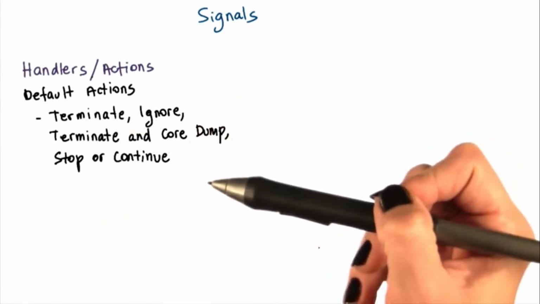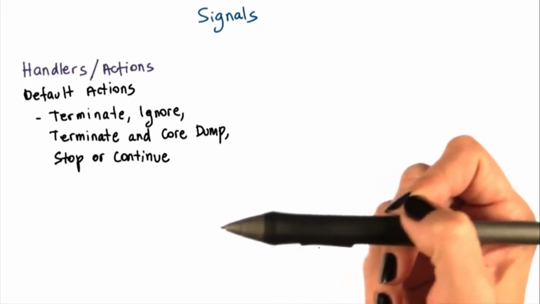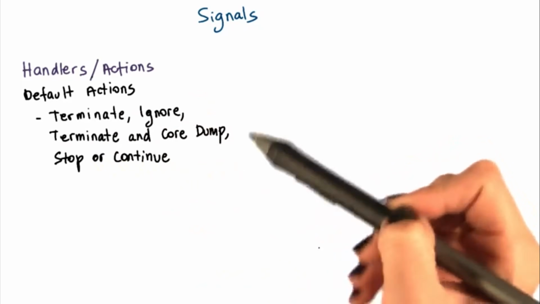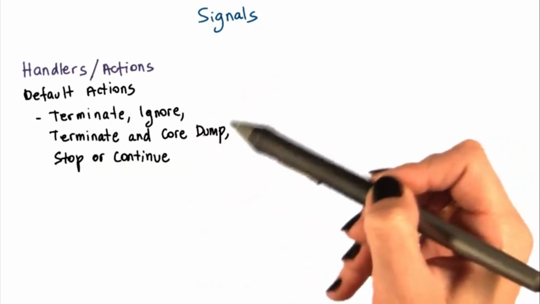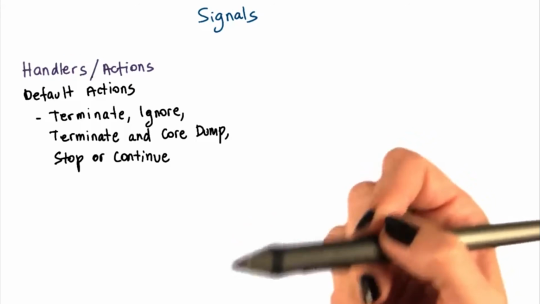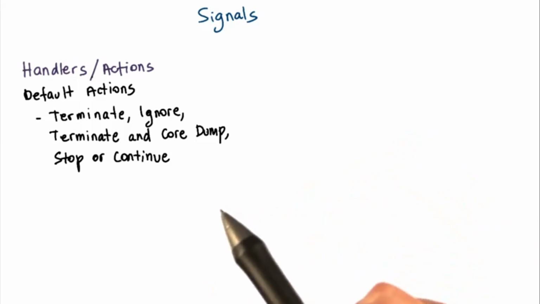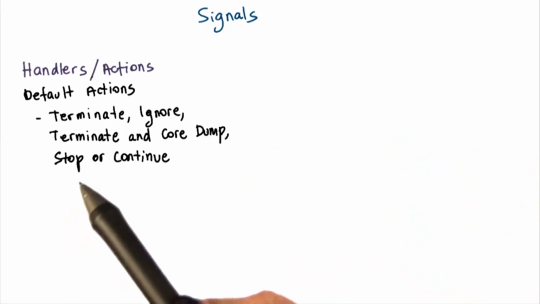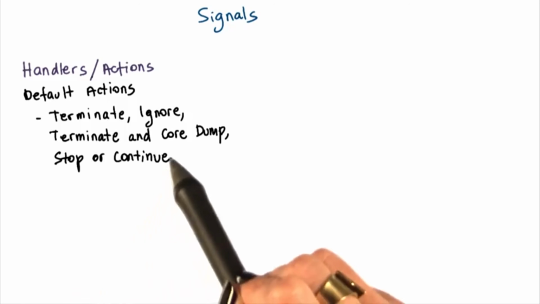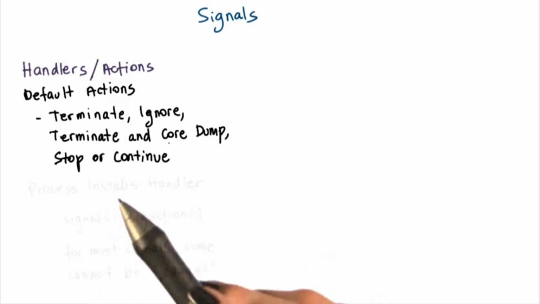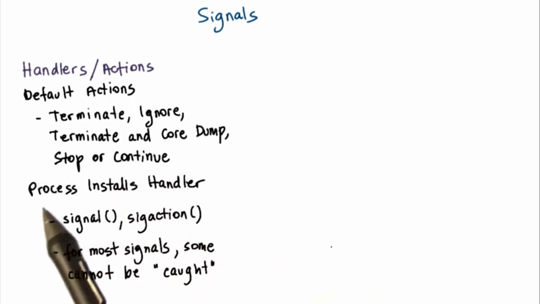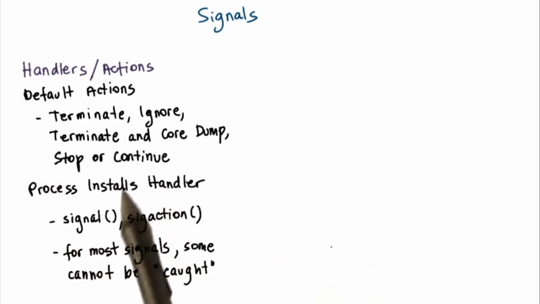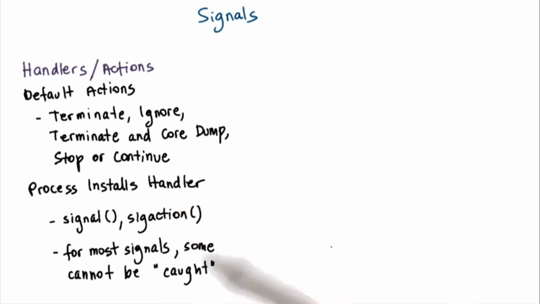An example of what could happen when the SIGSEGV signal occurs is to terminate and produce a core dump so that one can inspect the core dump and determine the reason for the crash of the process. Other common default actions in Unix-like systems include to stop a process or to continue a stopped process. For most signals, however, a process is also allowed to install its own custom handling routine. And there are system calls or library calls that allow a process to do this.